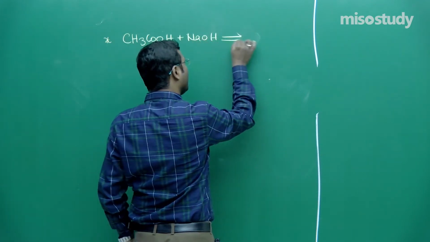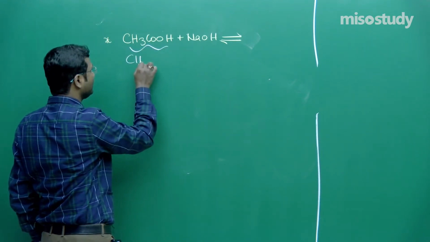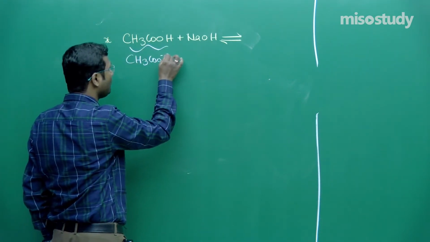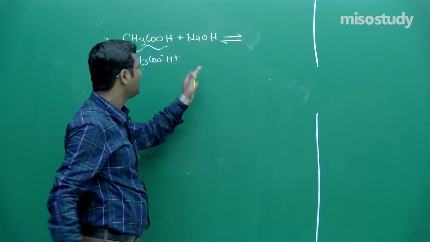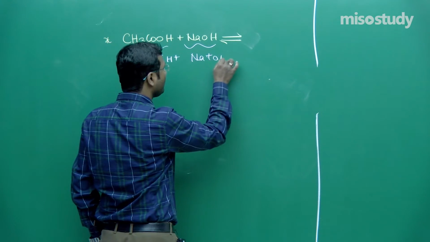As we all know, it will break like this, CH3COO minus and H plus, and similarly NaOH will break into Na plus and OH minus.